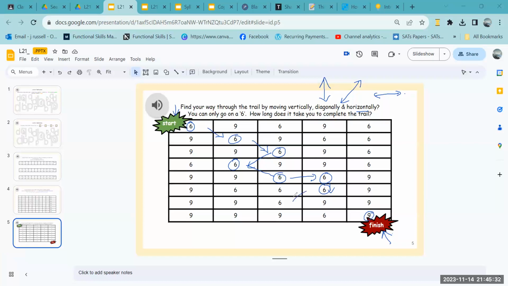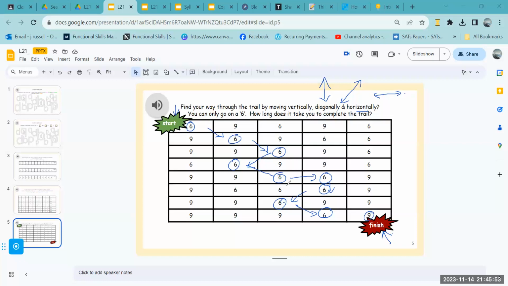If it was me and you were one of my learners, I would ask you to say the number as you're circling them. Remember, if your pen is touching the paper, something needs to be coming out of your mouth. So we've got 6 and then 6, all right? So see how quickly, how many steps.